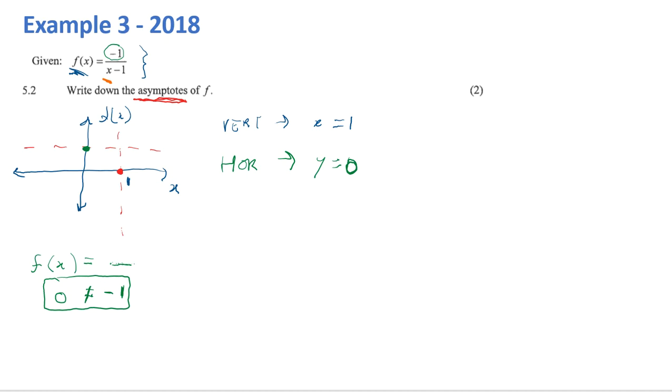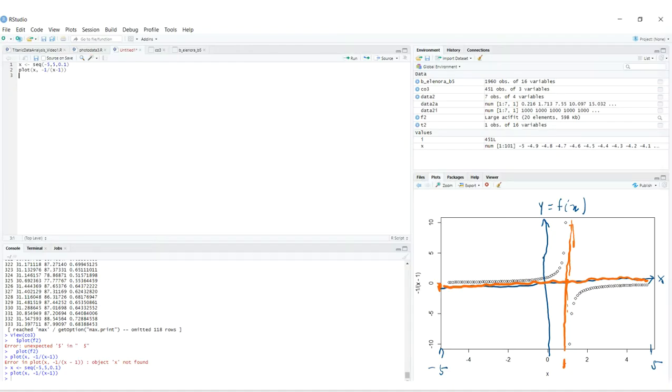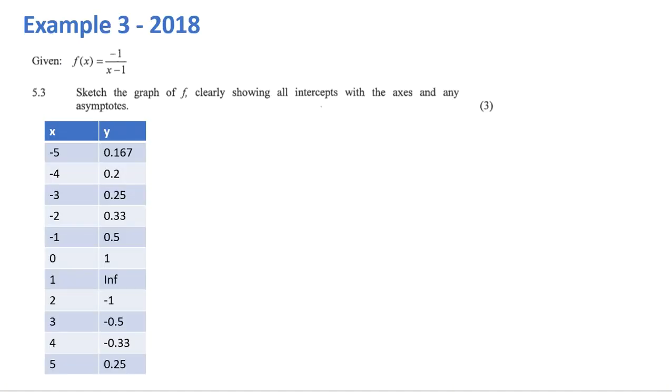For the horizontal asymptote, we had to look for values of y where we get this contradiction, right? Y can't be -1. And so for this example, at y equals 0 of the function f of x, that's where we have our horizontal asymptote. Cool. Next question is, well, sketch this graph.